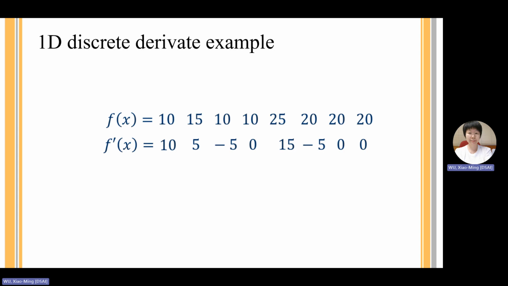Now we have f(x) and its first order derivative.